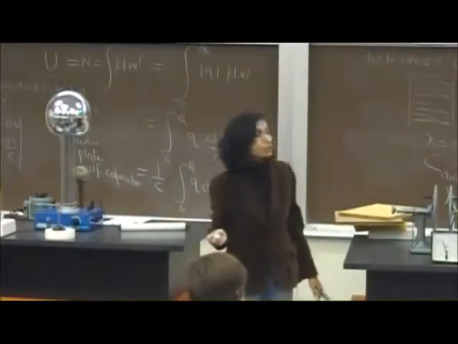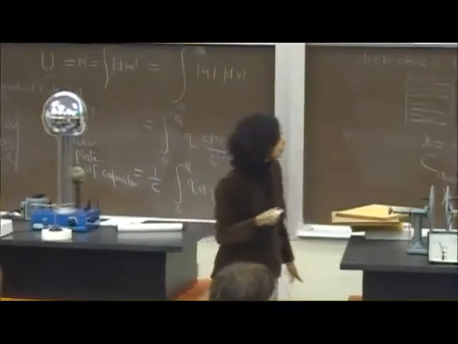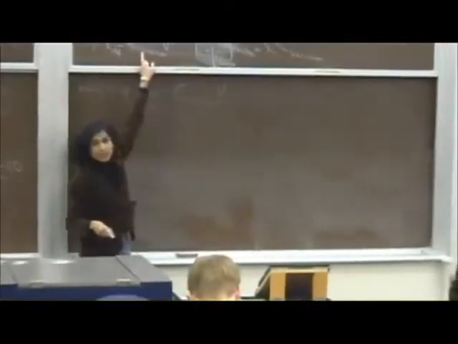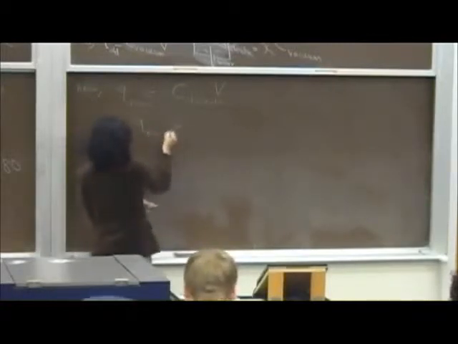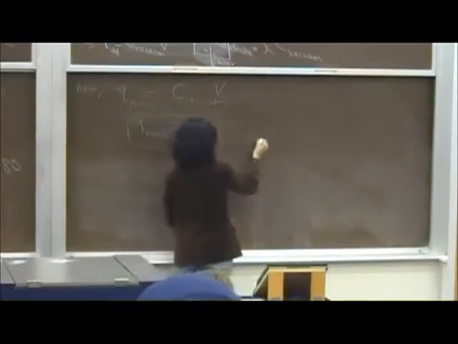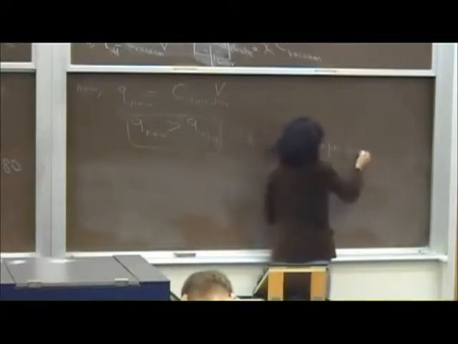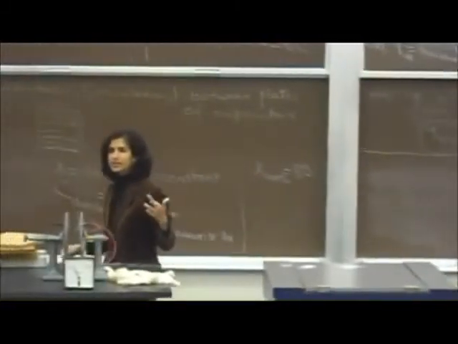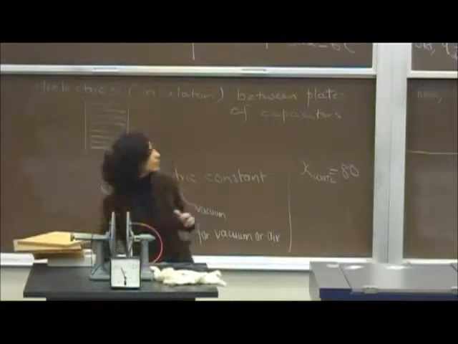So what do you think will happen to Q new compared to Q old? Do you see that Q new should be more than Q old because C dielectric is more than C vacuum? So Q new is greater than Q old if V is kept fixed. Any questions about this? Everybody understands this? Because you will also have some homework questions related to this.